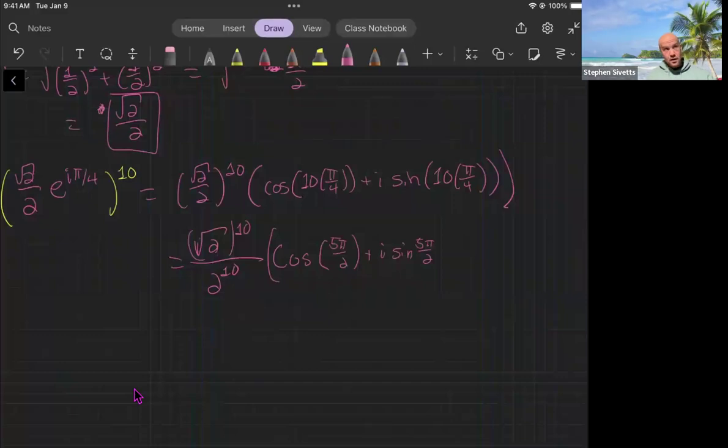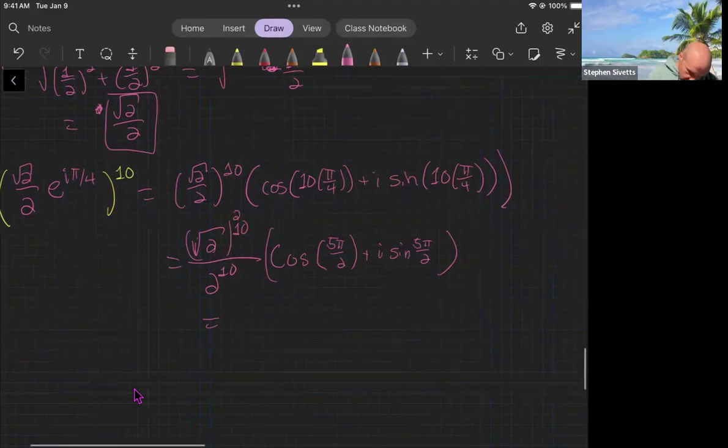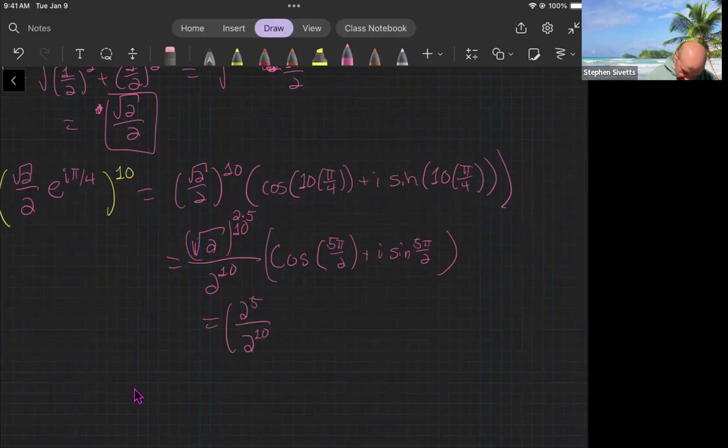Okay, so 5 pi over 2, that's 1. So if I write this out, really it's just 2 to the 5th over 2 to the 10th here.